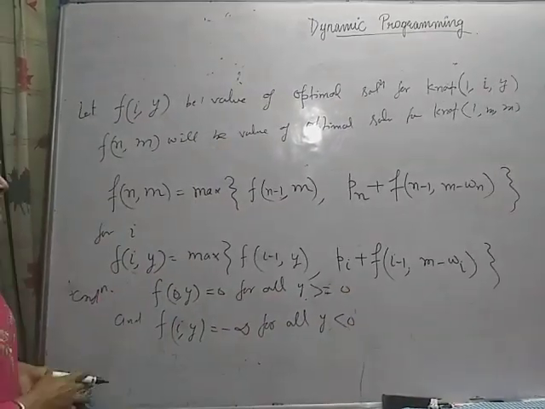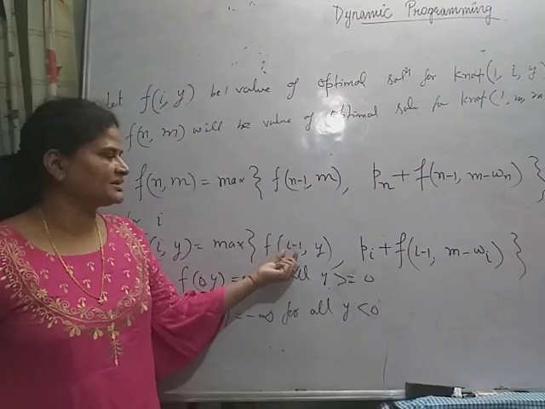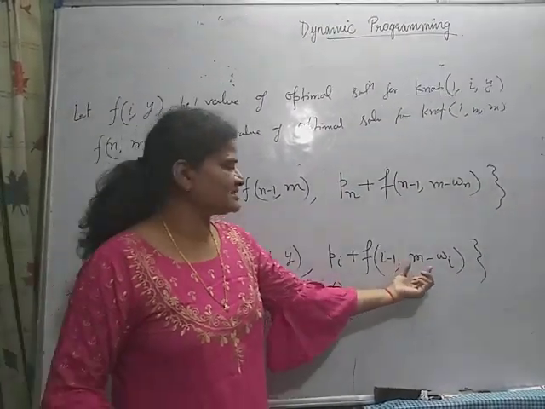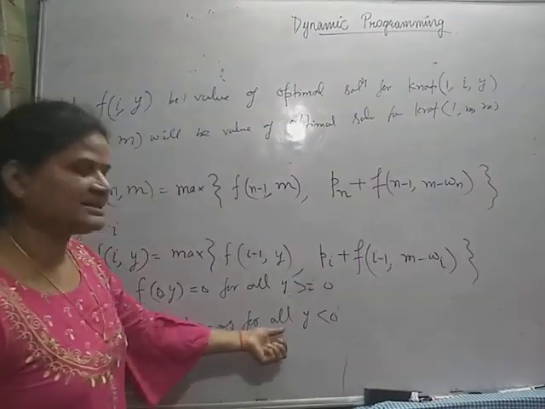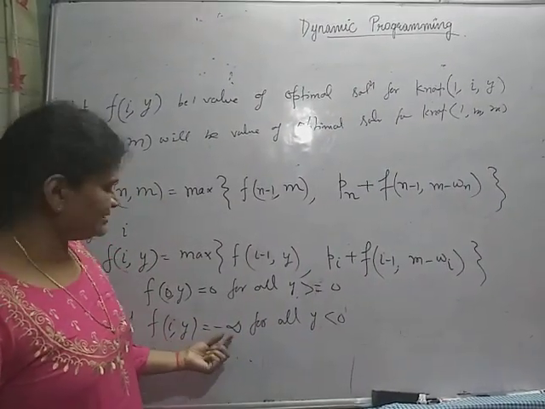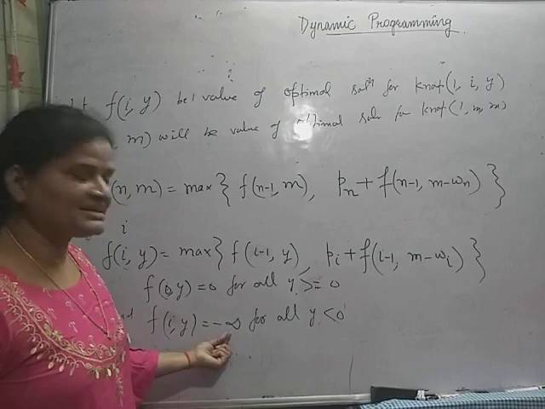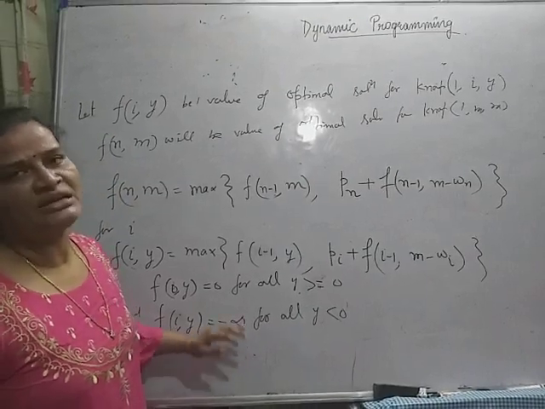Because here I am taking m minus wi, in certain cases y may become negative. If y is negative, we take the highest negative value, so it can never be included.